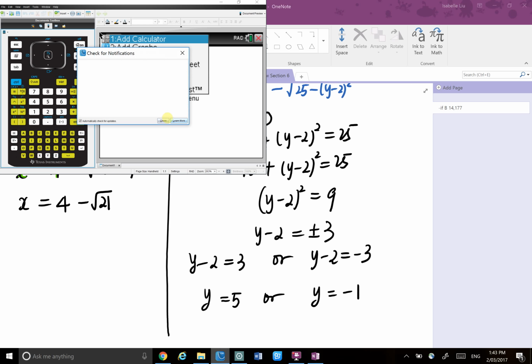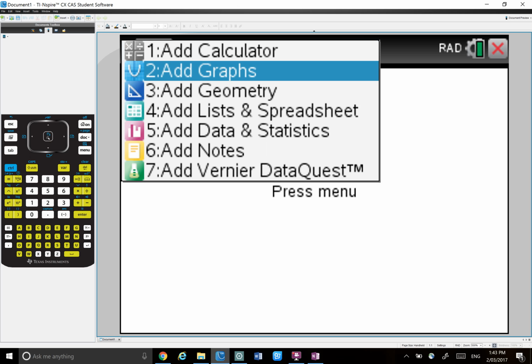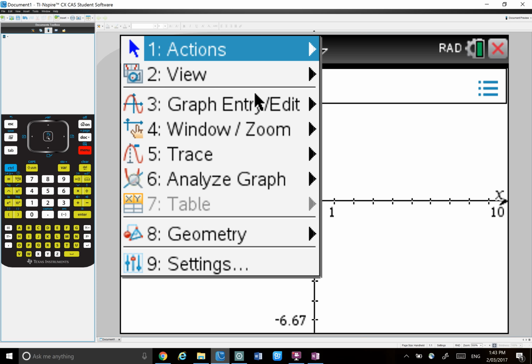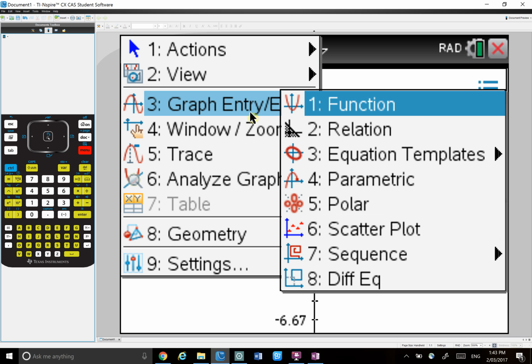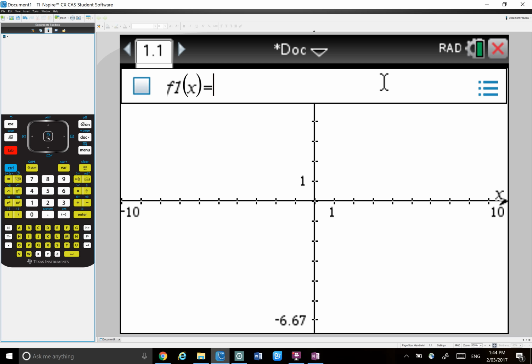Okay, so let's go to the graph page. Go to menu. If you want to sketch a circle, what's the problem? For this equation, you can only write y equals something.